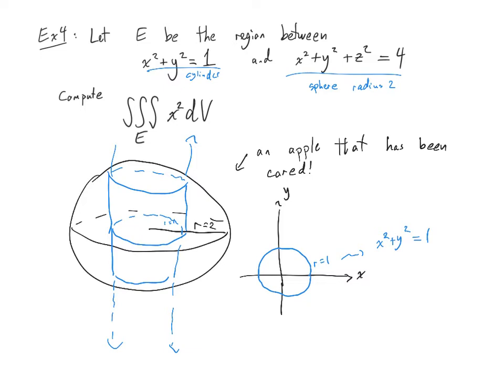However, we also need that second equation to matter in determining our region. If you look at x squared plus y squared plus z squared equals 4, well, this is the plane z equals 0, so we plug 0 in for z, and what we get is another circle of radius 2.